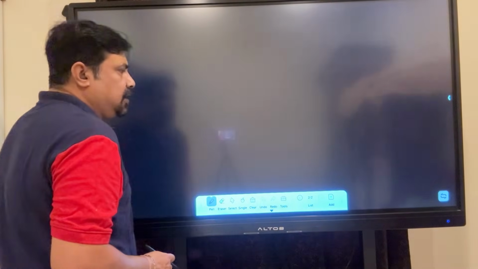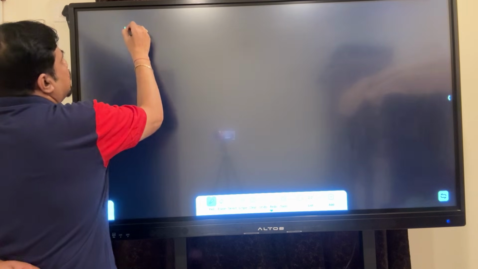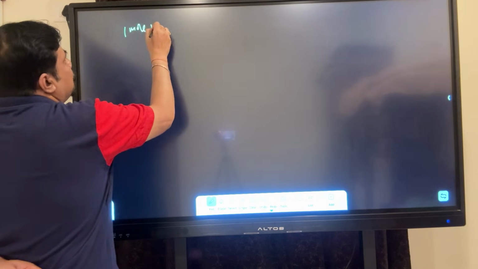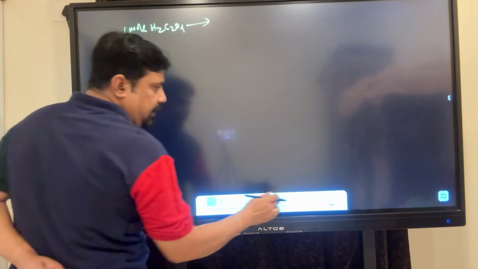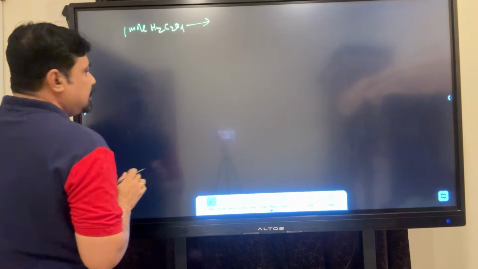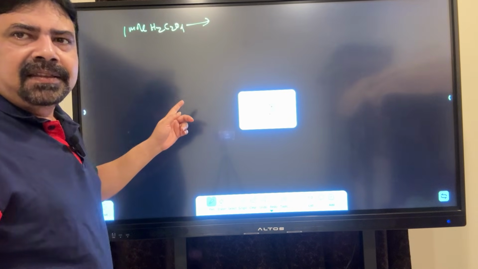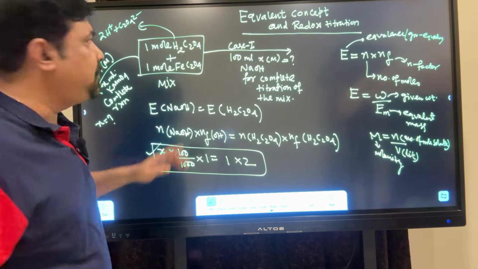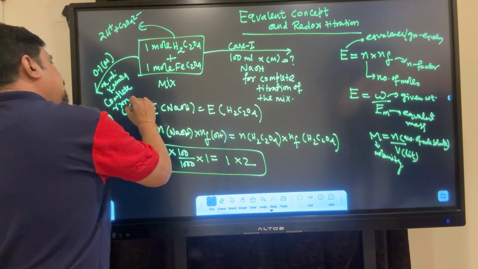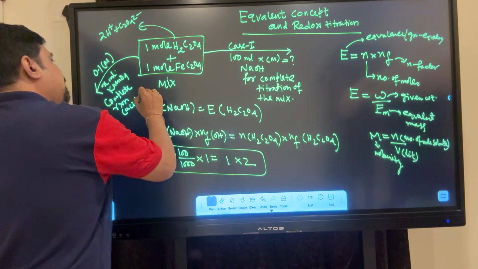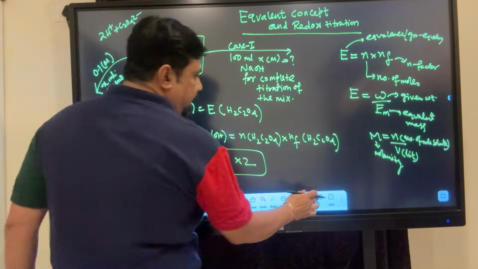Now what reaction is happening over here? Whenever I have 1 mole of H2C2O4, obviously another piece of data they have to provide you is the medium. They are giving oxalic acid, and by default the reaction happens in acidic medium with KMnO4.